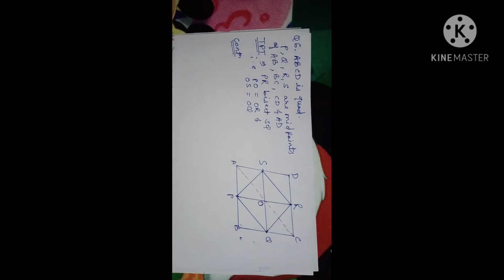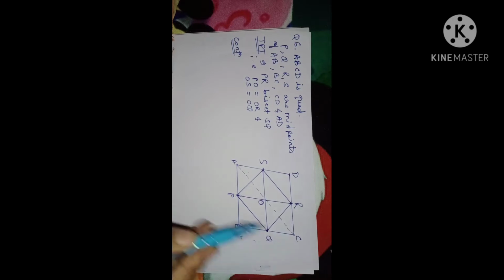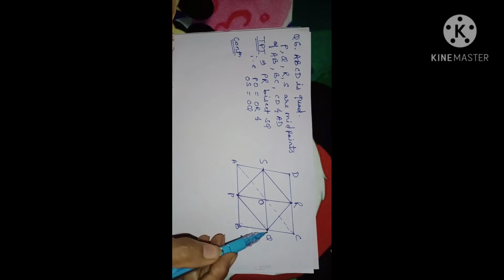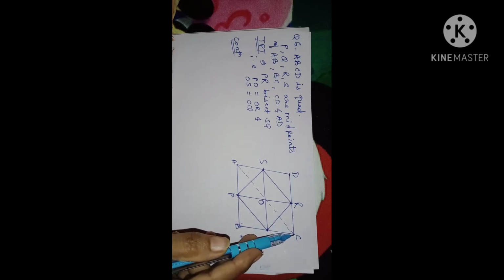Okay. Now, can we prove PQRS is a parallelogram by midpoint theorem? We did it in the last 3 questions. See, in triangle ABC, P is a midpoint of AB and Q is a midpoint of BC. Therefore, by midpoint theorem, PQ is parallel to AC and PQ is 1/2 of AC. This is number 1.